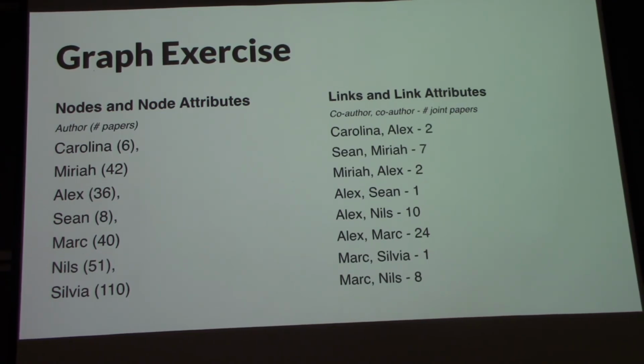So you have essentially a donut chart segment that represents a person, and a link between the donut chart segments to show that they have co-authored something, and the width of that would correspond to the number of co-authored papers.